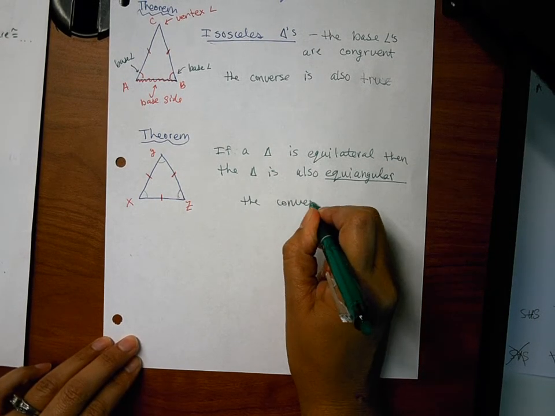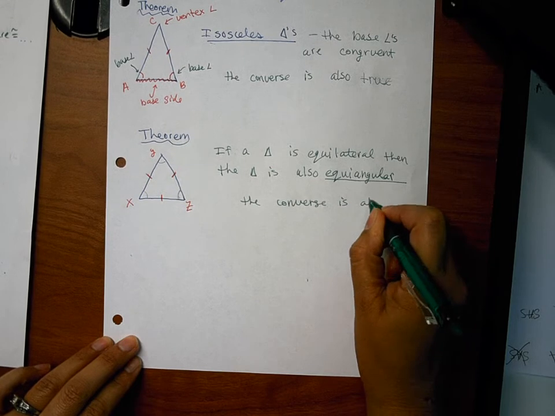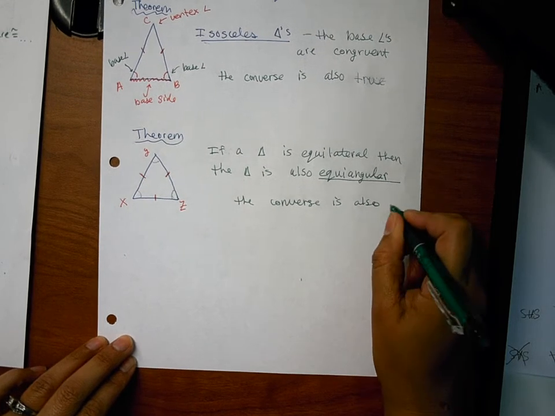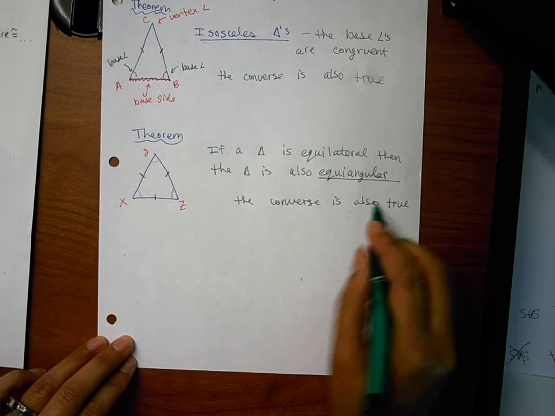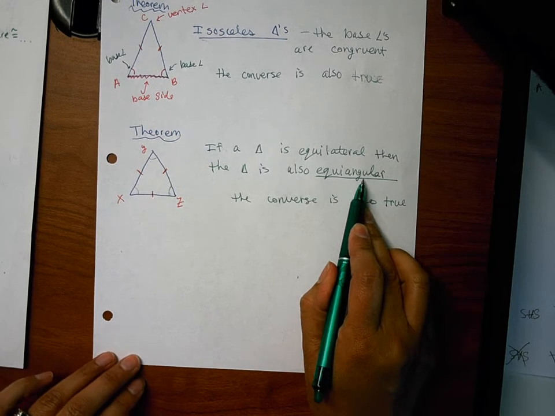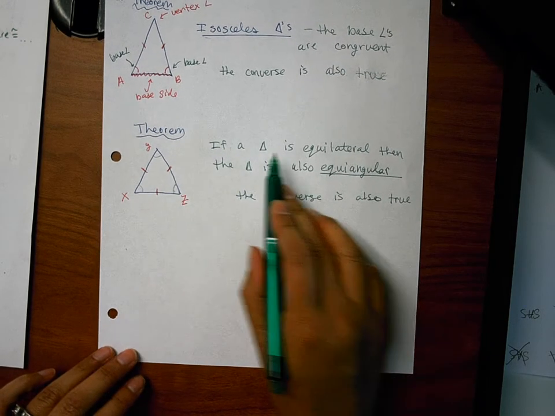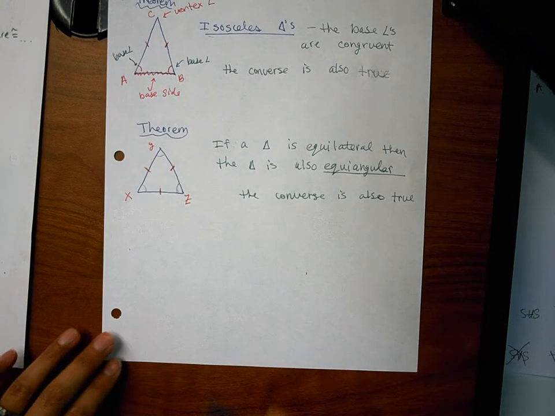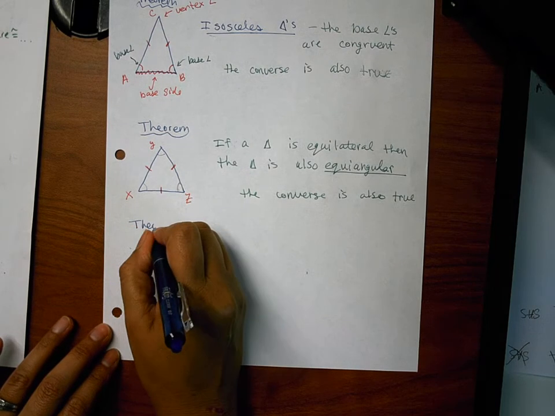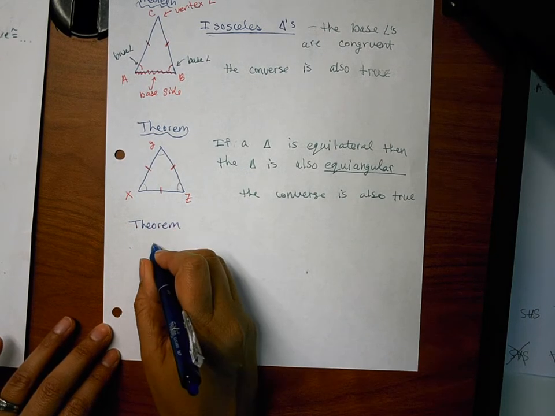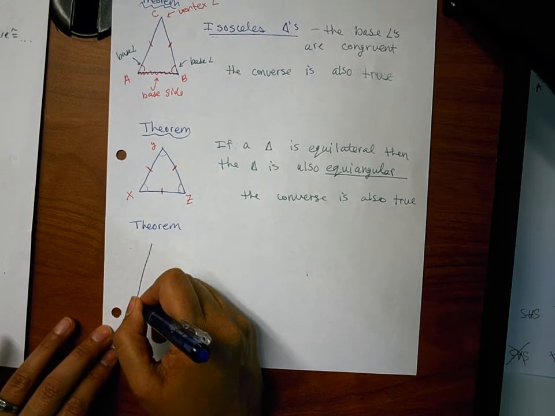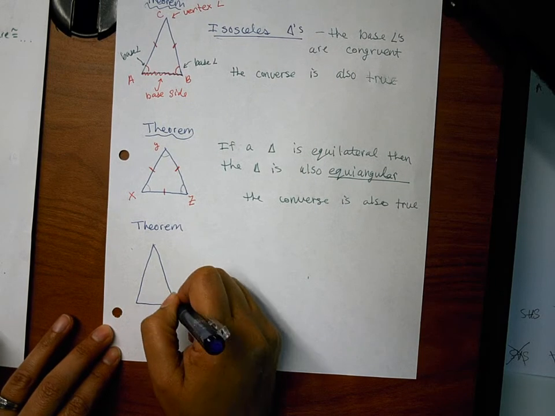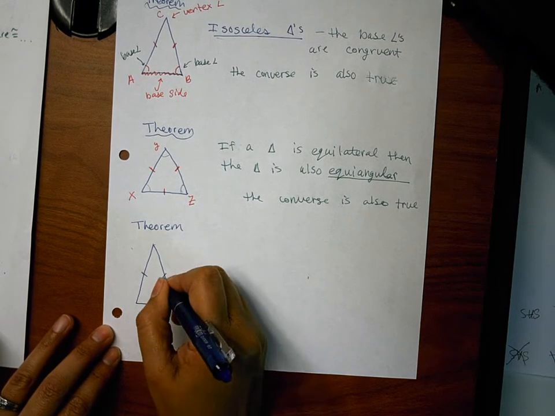All right, converse is also true. Again, meaning if I have an equiangular triangle, all three angles are congruent, then all three sides are going to be congruent. We have one more theorem, but I'm going to do that one with you in class tomorrow, so just draw the picture for now.